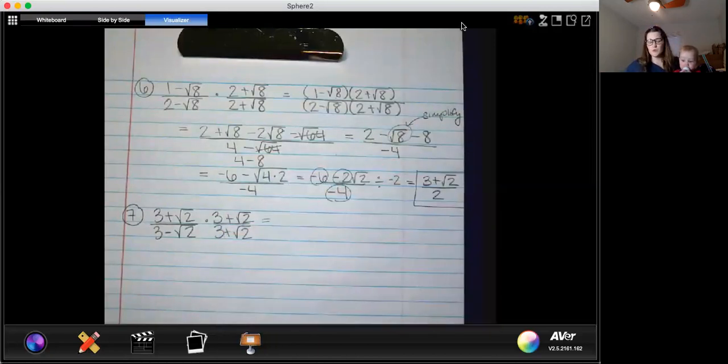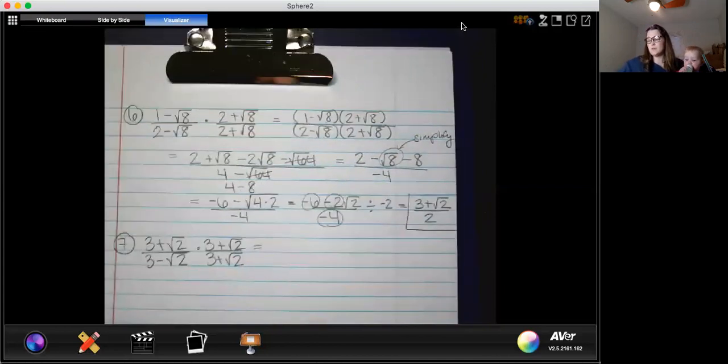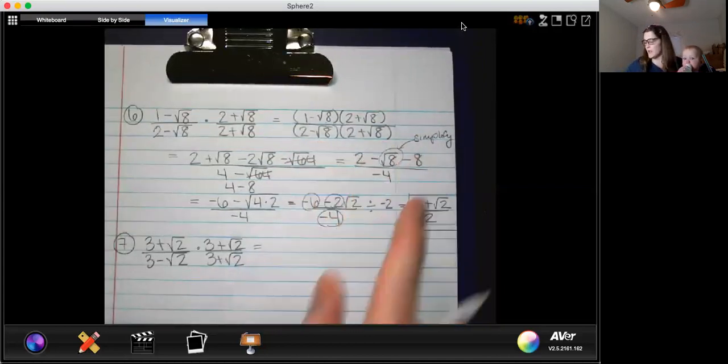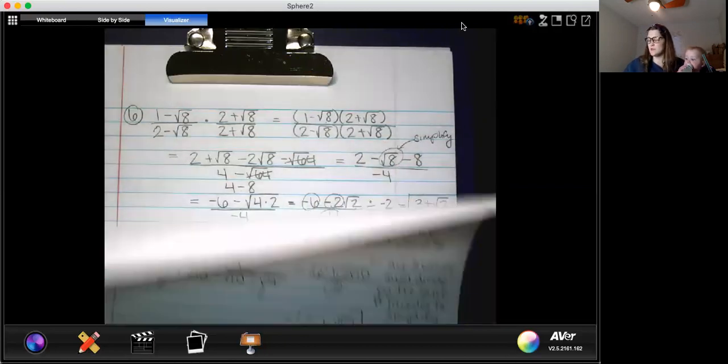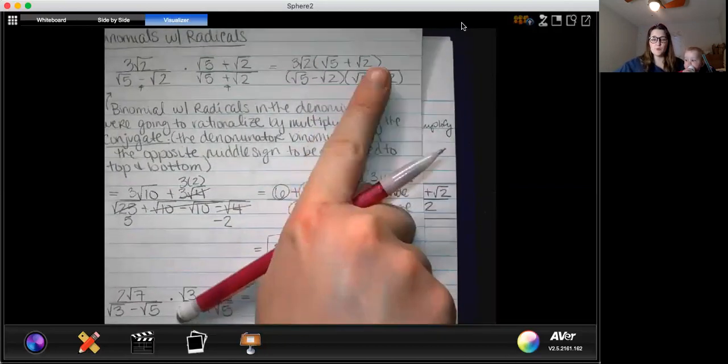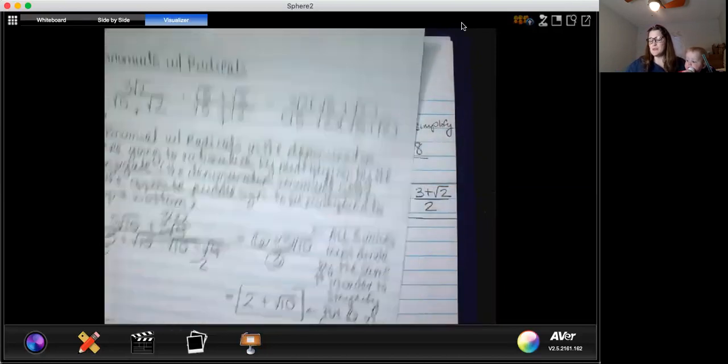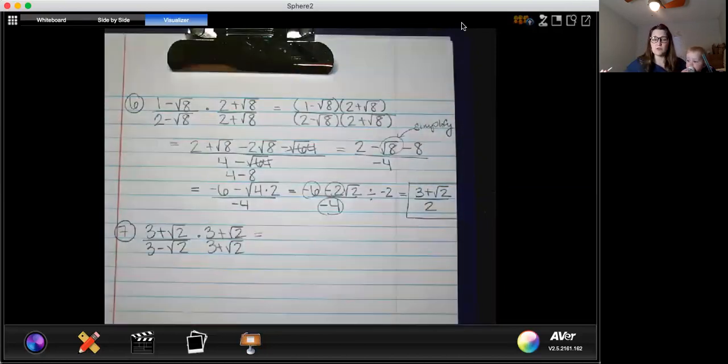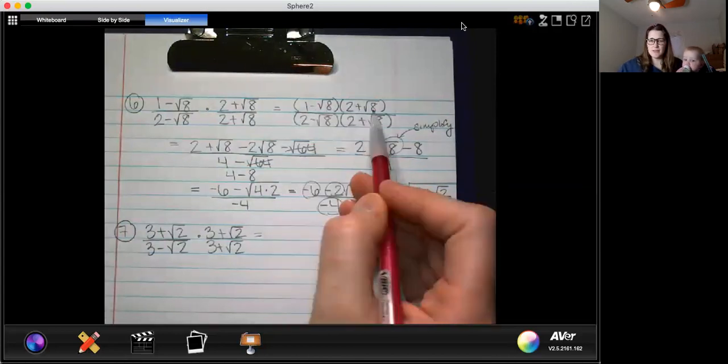And we're going to multiply. Now at this point, you probably don't need to keep writing that you're going to multiply. We did it for the first few examples just so you could really realize what we're doing here. But at this point, hopefully you can just multiply from where it's at. If you can't, feel free to keep writing this step.